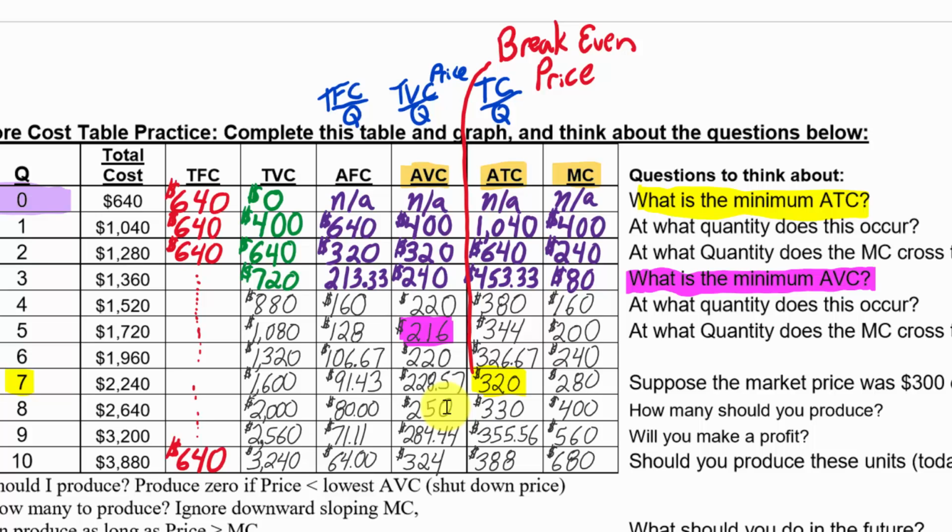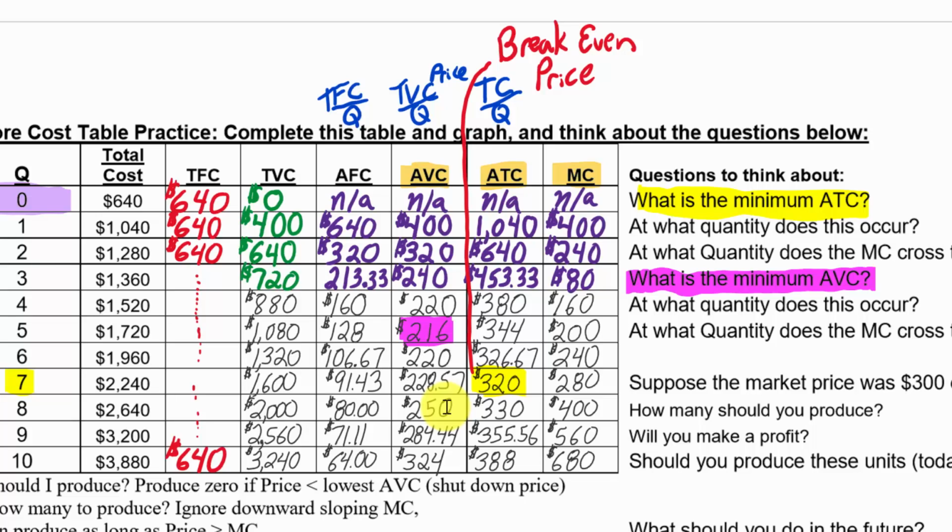This $216, the minimum average variable cost, tells us the cheapest amount per unit that it could cost us for variable costs, labor and materials kinds of costs. These are the kinds of things that we only spend money on when we produce more units. So if we produce anything at all, the cheapest our bill is going to be per unit is $216 for these labor and materials costs.